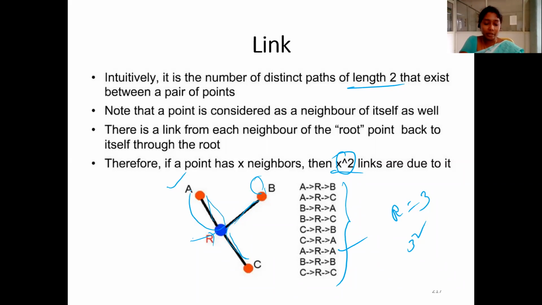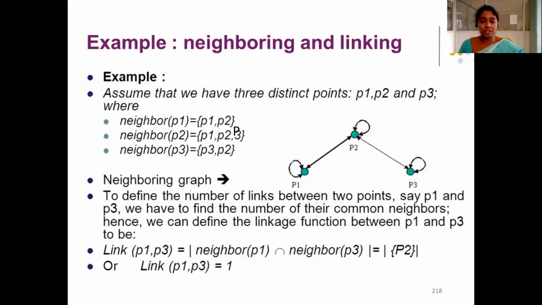All these are allowed links. That is not the fixed value; these are the maximum links, and within that we need to find out which are actually possible in that particular example. So if a point has X number of neighbors, the maximum possible links are X power 2.